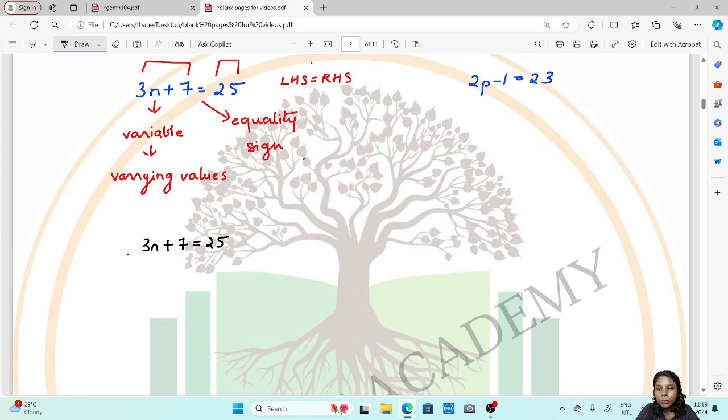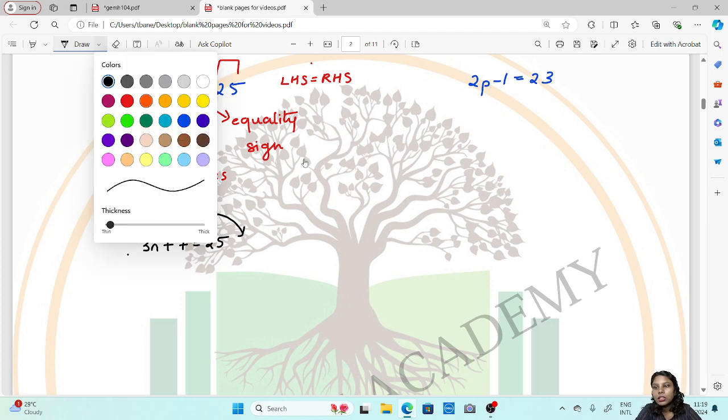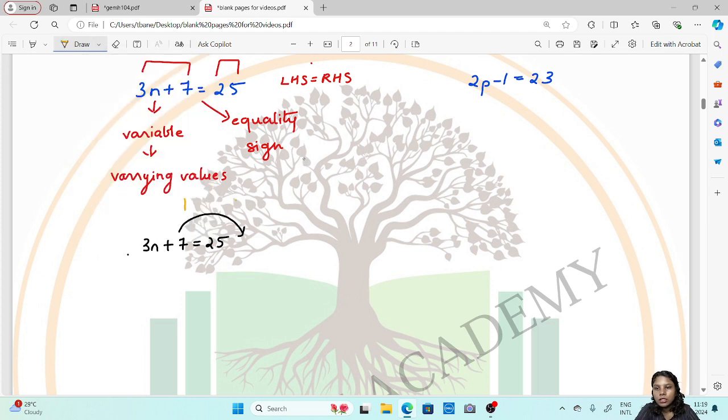So we are going to transpose, this is called transposing, this plus 7 to the other side of the equality sign.